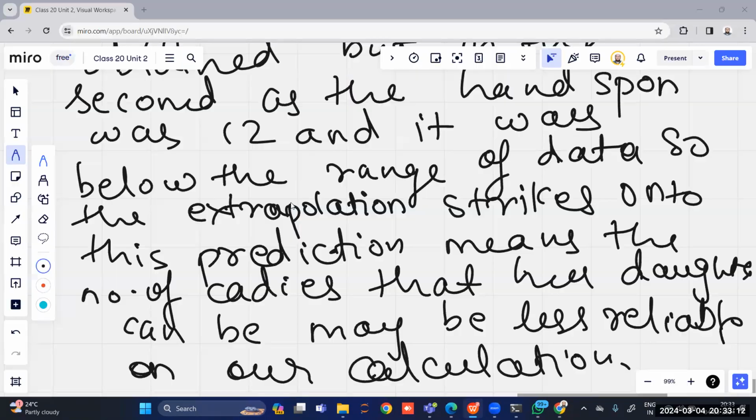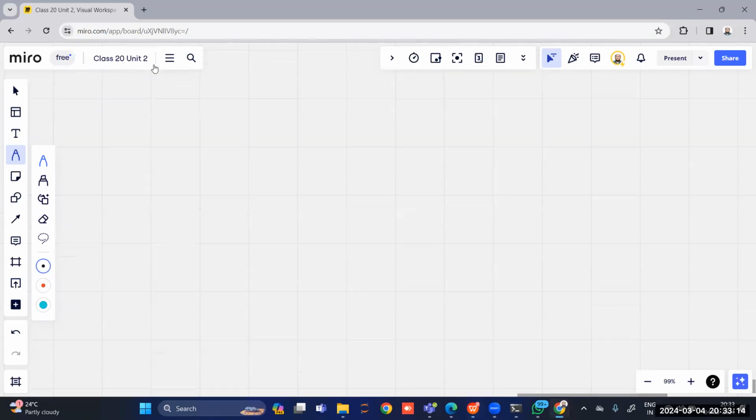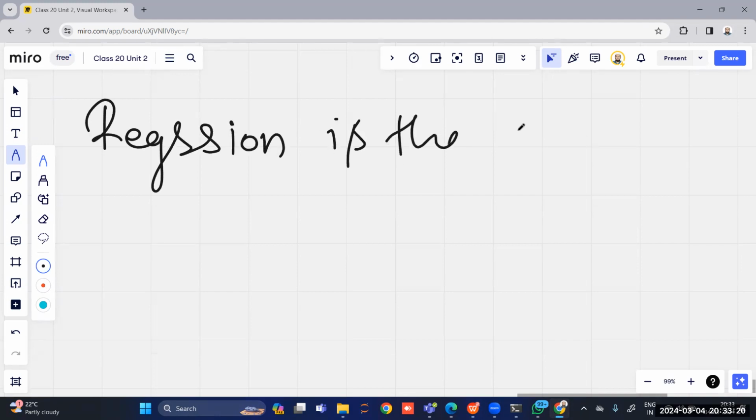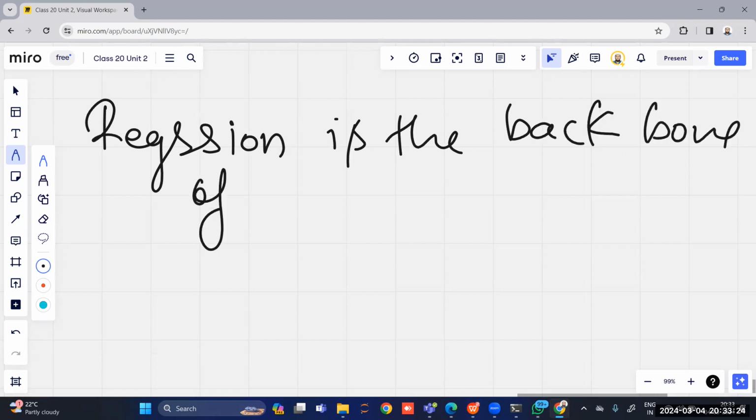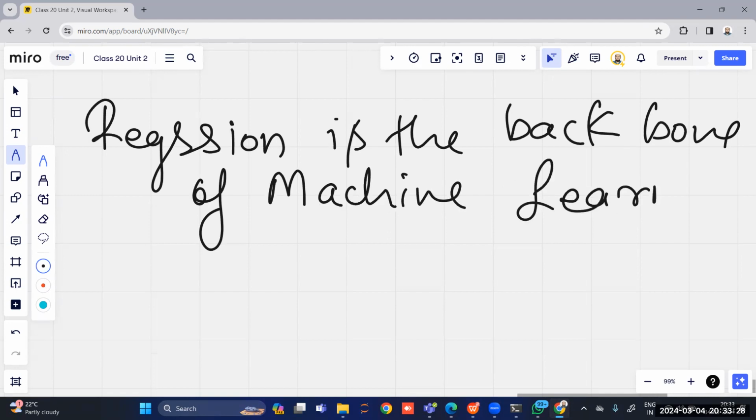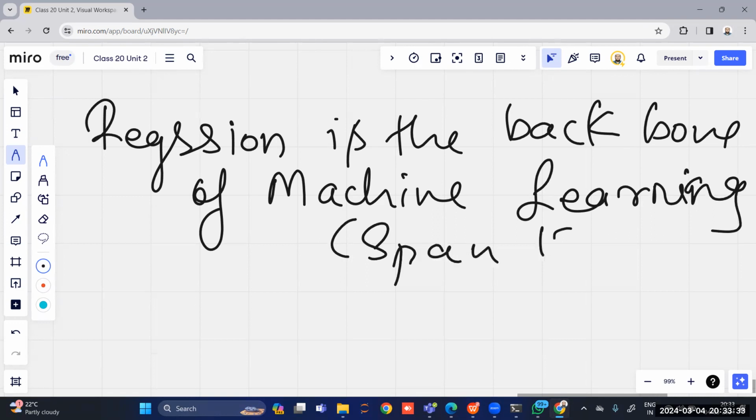What we suggest here is an application of regression. Regression is the backbone of machine learning. Because see here, now we can predict any span between 17 to, for example, 25.